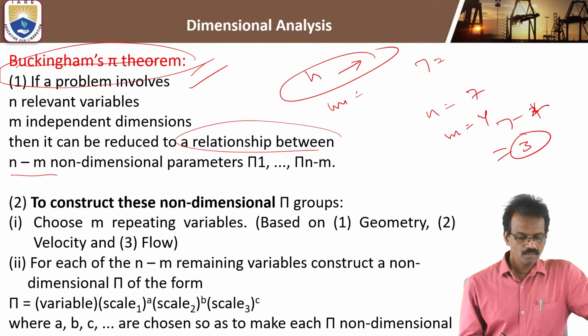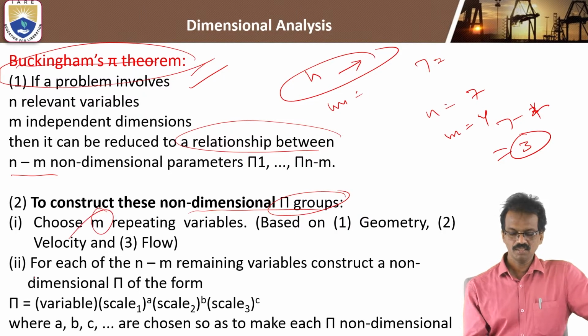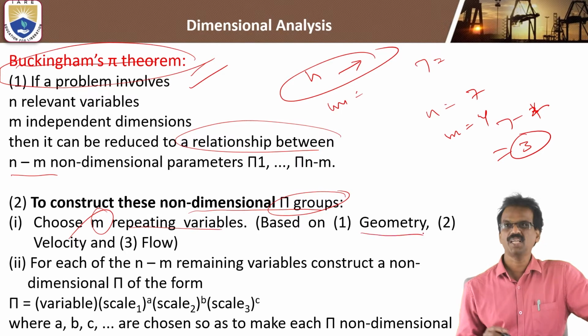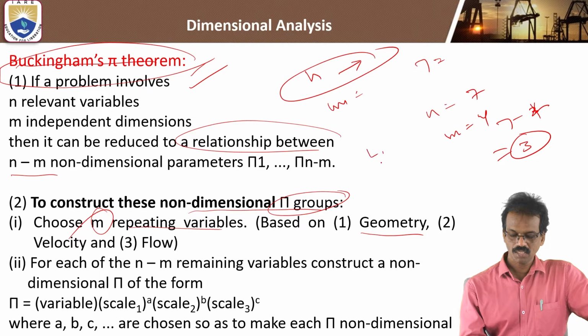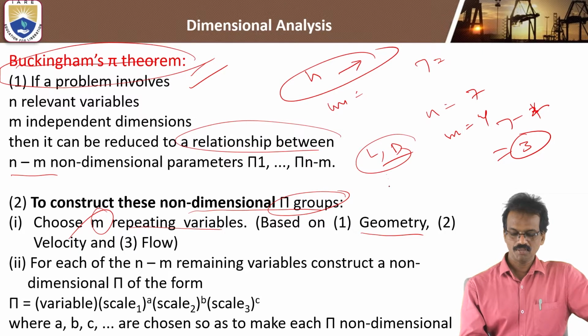To construct these non-dimensional groups, choose m repeating parameters. We take the parameters based upon the geometry, meaning length and diameter. You have to consider the geometry values.